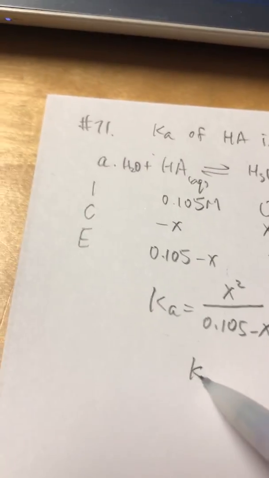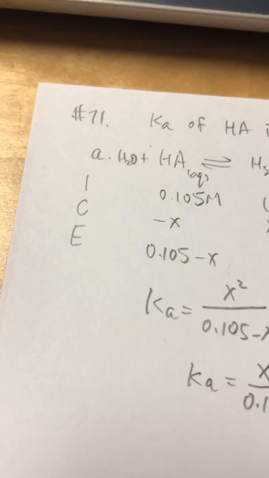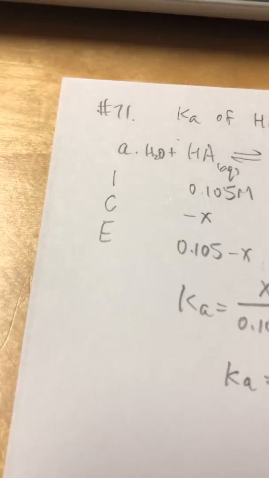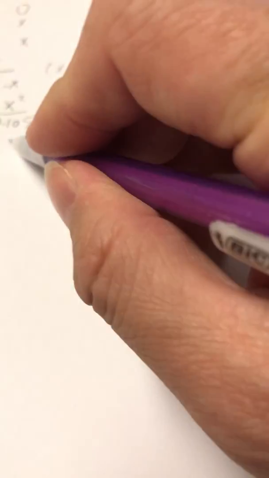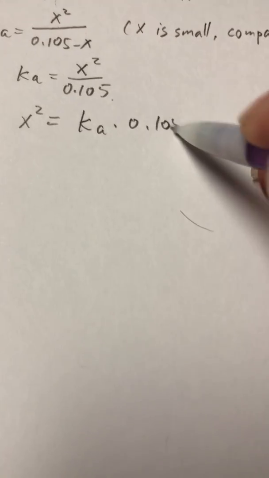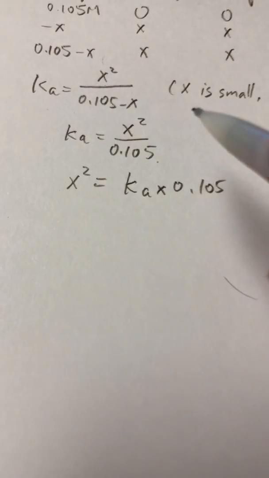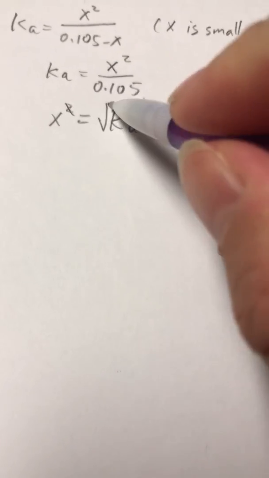Then you can simplify this to Ka equals x squared divided by 0.105. Then do the algebra: x squared equals Ka multiplied by 0.105. If you want to find x, take the square root.